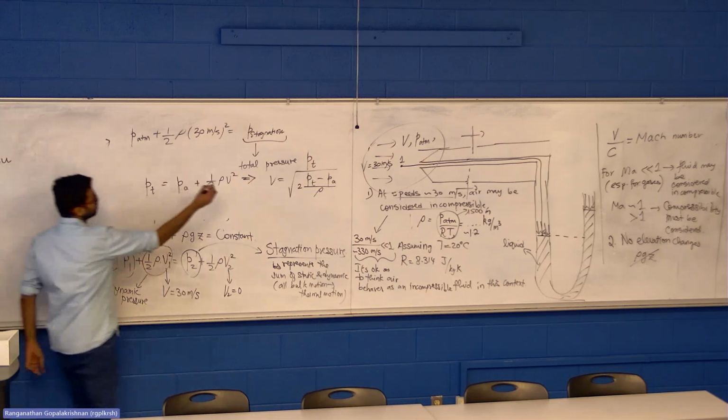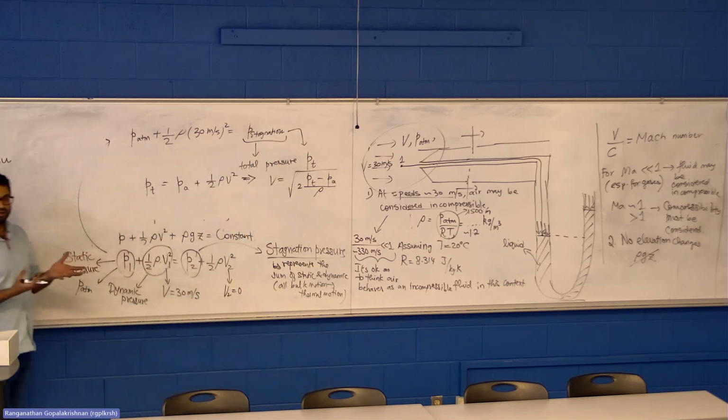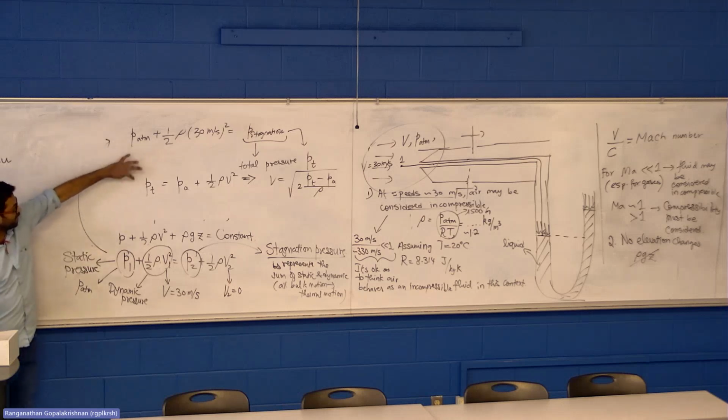I just put the symbol PT instead of P stagnation, which is kind of long and inconvenient. So I'm going to use PT to denote stagnation pressure moving forward.